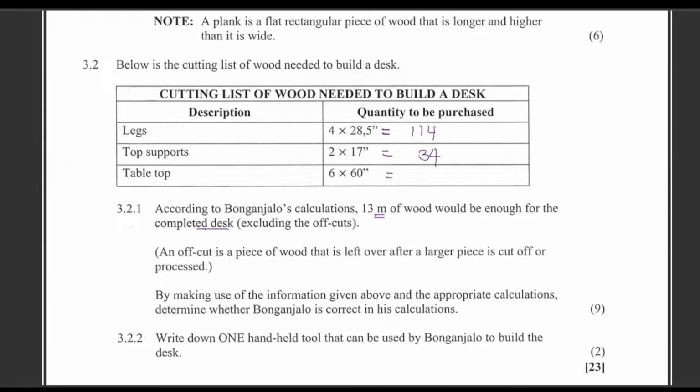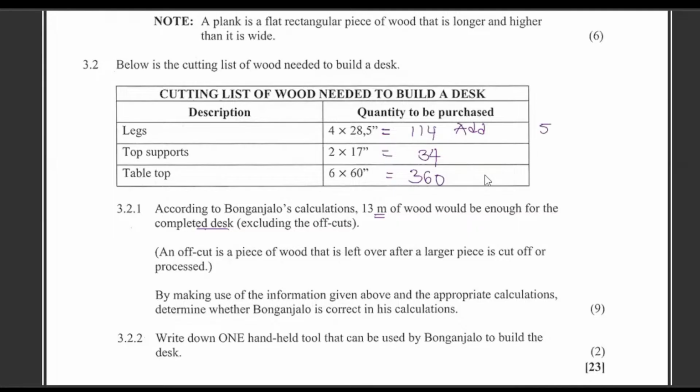Done. These are still inches. Let's do this, this one will be simpler. What we do, we add everything up. So it's going to be 114 plus 34 plus 360.